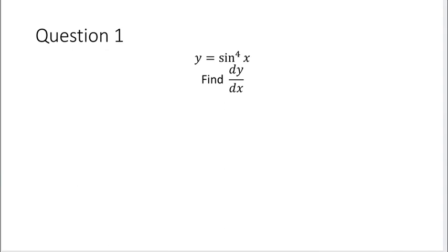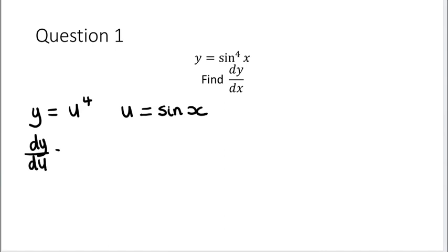So we've got here that y is sine to the power of 4x, and we need to differentiate this. So we're going to use the chain rule here. I'm going to let u be sine x, and then I'm going to find my dy by du, and then find du by dx.